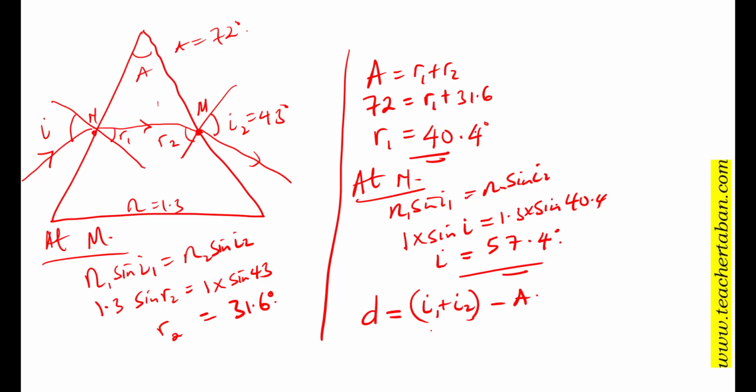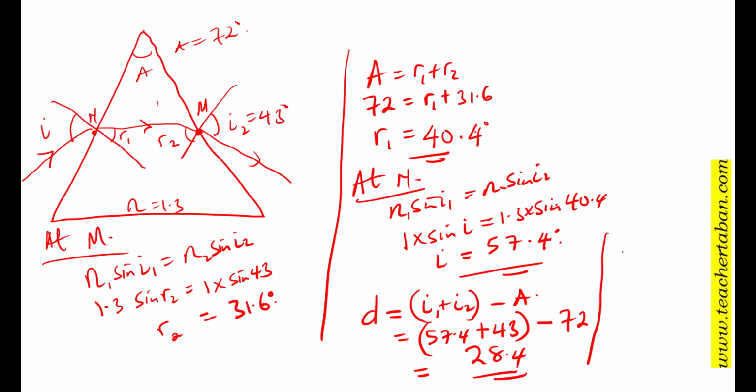After having got that, our angle of deviation D will be got from I1 plus I2 minus the angle of the prism. I1 we got as 57.4, our I2 was given as 43, minus the refracting angle of the prism, which is 72. I'll get my angle of deviation as 28.4 degrees.